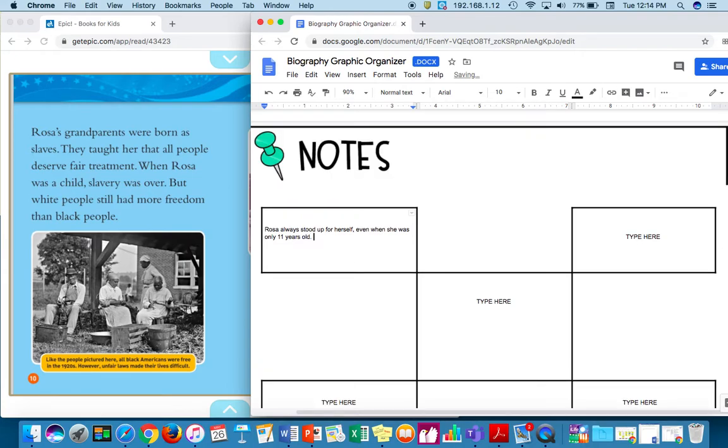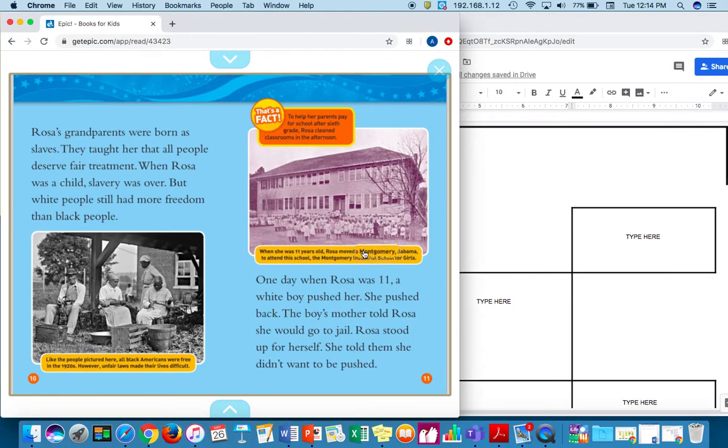As you read, you're going to continue to take notes. Continue to keep track of things like this. Your job today is to really focus on those notes that you're taking. You want to make sure that they're focused on your leader and what they did during the civil rights movement. I'm looking for you to jot down some important information about your historical figure as you are reading.